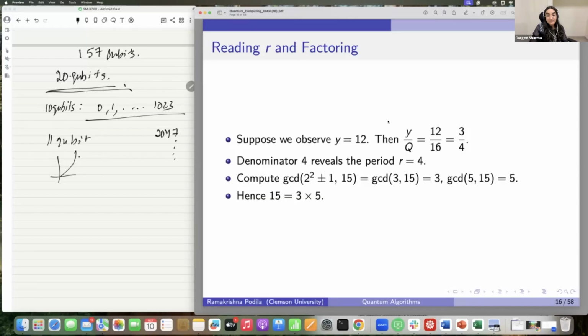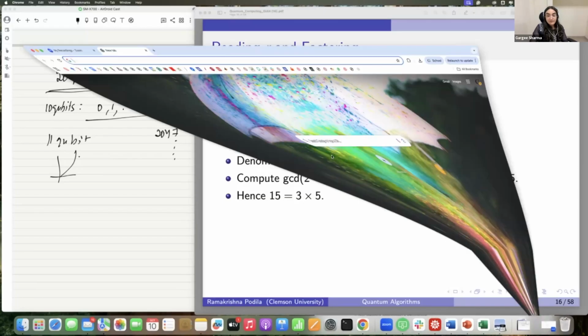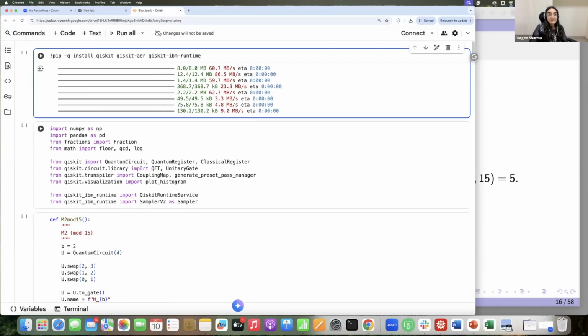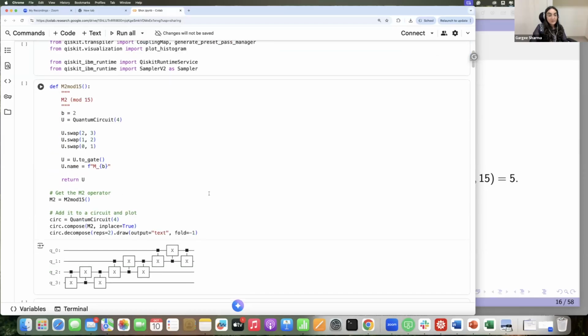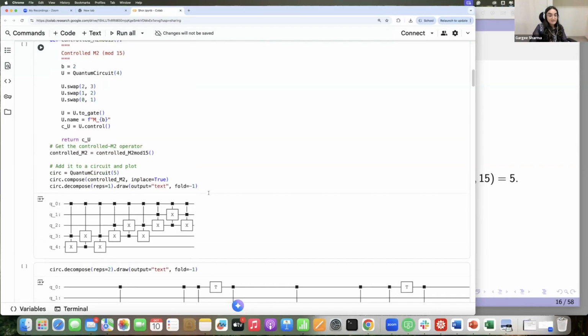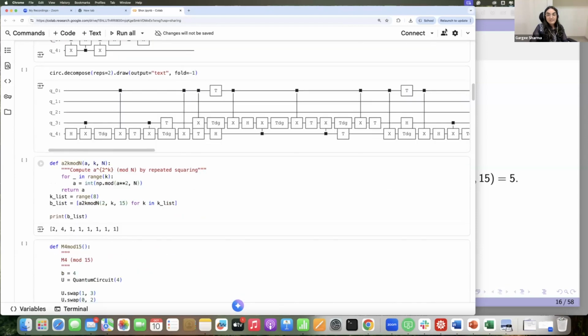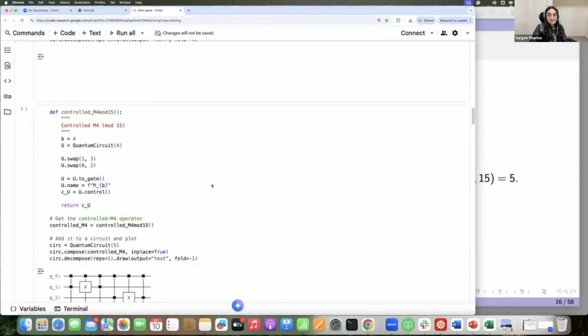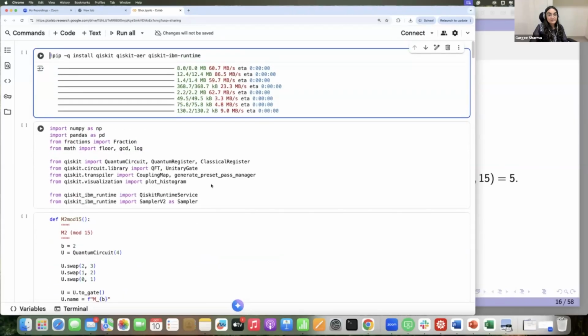Sorry. The code is also pasted here on the chat box. Okay, so this basically is the code. So you all can run the code and see how it works.